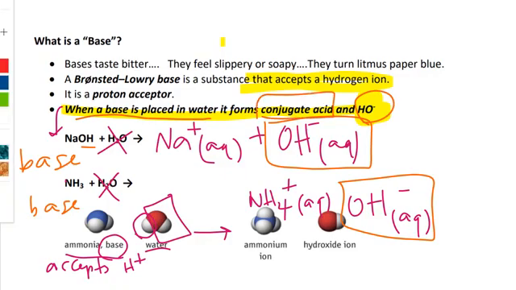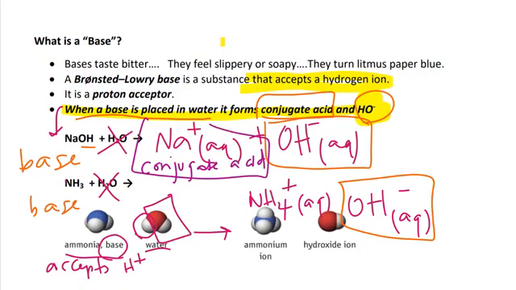So both of the other products that we have here that are not the hydroxide are called our conjugate acid. That would be my Na plus and my NH4 plus.